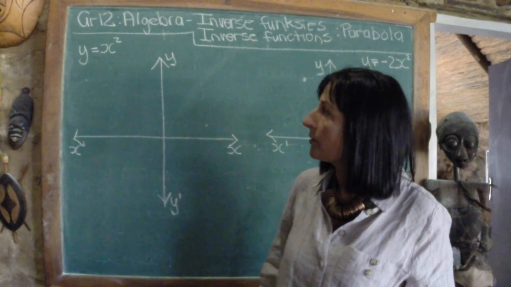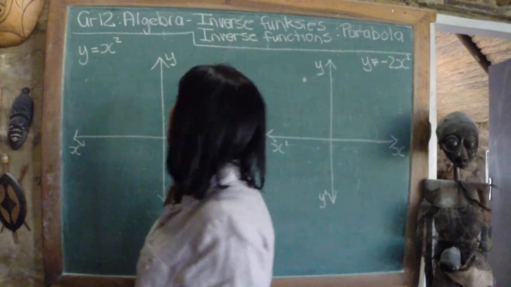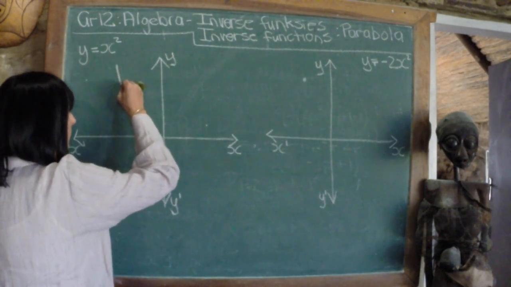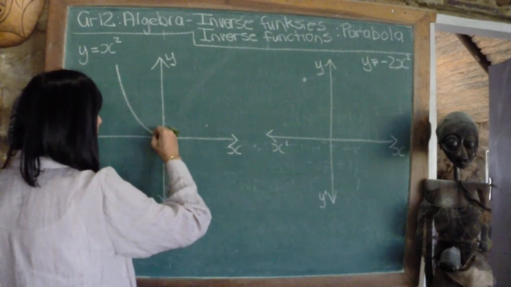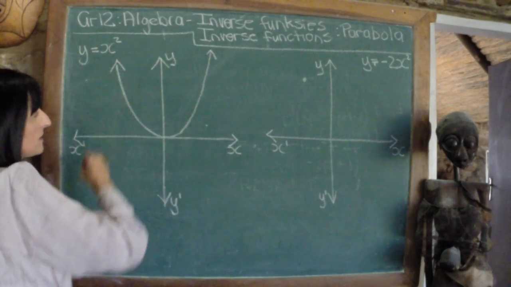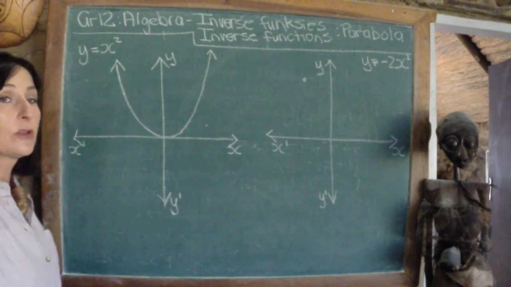Die moeder kwadratiese funksie. So ons kan uit leerwerk onthou dat y is gelyk aan x kwadraat lyk so. Good, we must know that. But unfortunately we can't leave it like that.